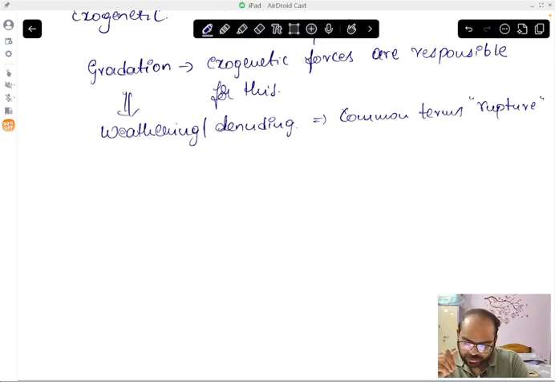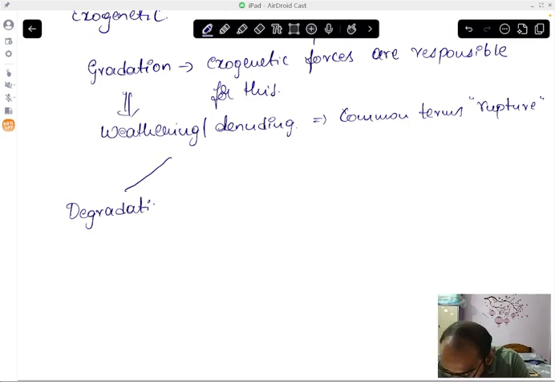And through this gradation, we can see two types of process: degradation and aggradation.